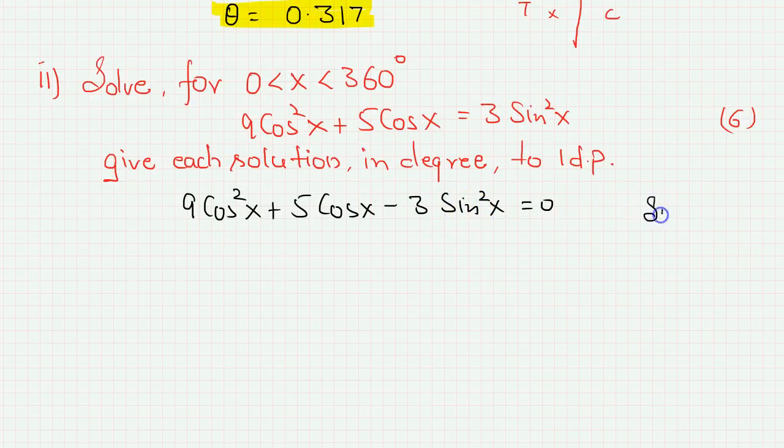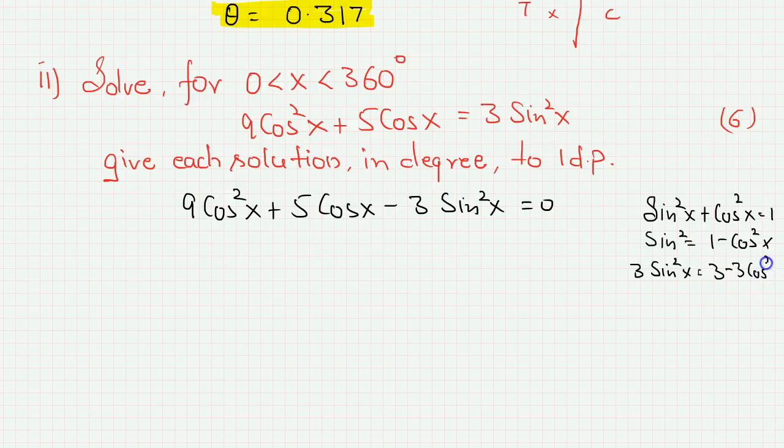So we know that sin square x plus cos square x is equal to 1. So sin square x will be 1 minus cos square x and 3 sin square x will be 3 minus 3 cos square x.